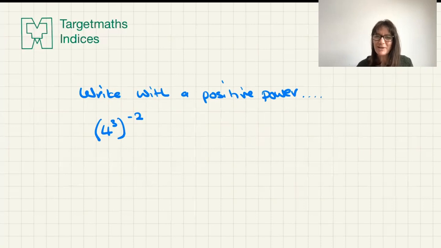Hopefully you've had a chance to do it. This is combining 2. So you should have used your power rule and multiplied to get you 4 to the -6. Now that obviously is a negative power, not a positive power. So we take the reciprocal of the 4 and pop our 6 there. And we don't need to do 4 times 4 times 4 because it's asked us to write it with a positive power, okay?